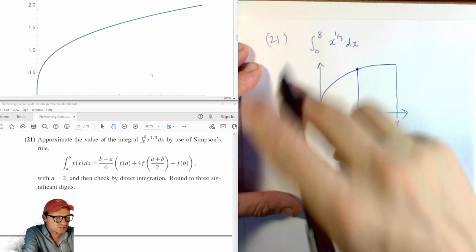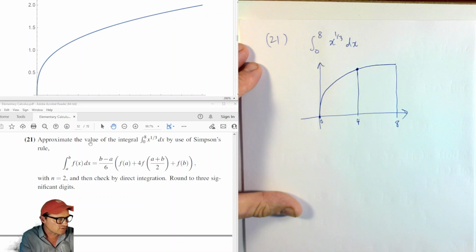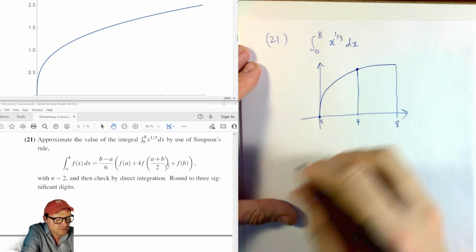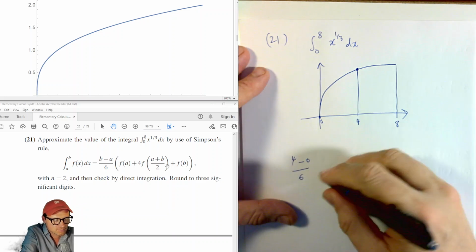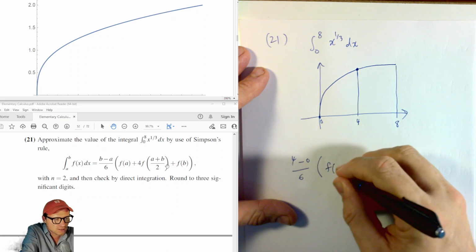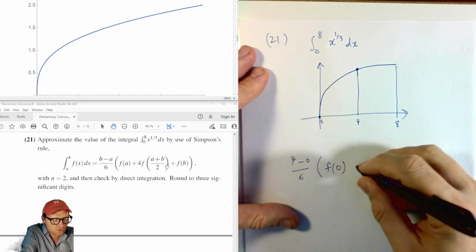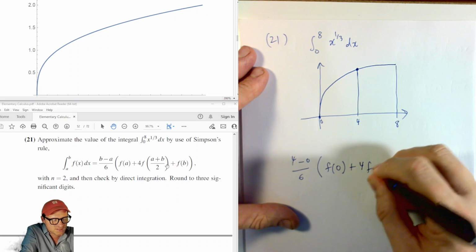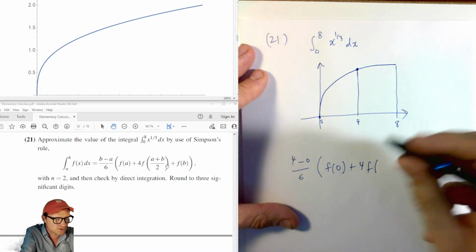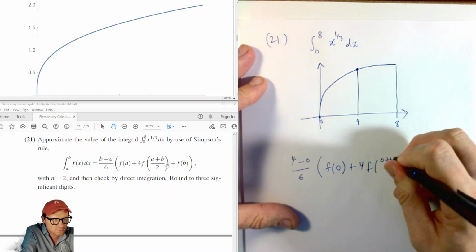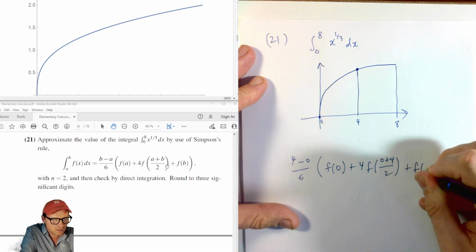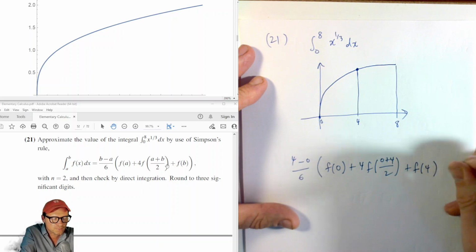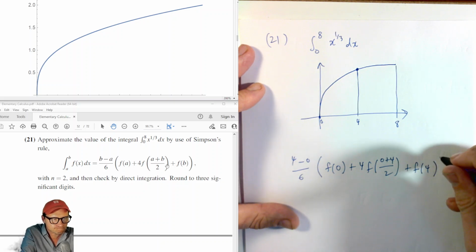Okay, and so to use this formula here that we've got for Simpson's rule, with n equals 2, we have 4 minus 0 over 6, and then f of 0 plus 4 times f of the sum of 0 and 4 over 2, and then plus f of 4.